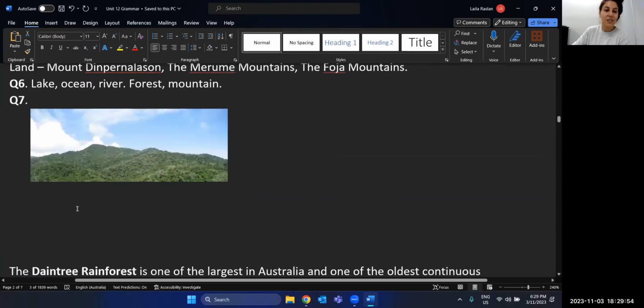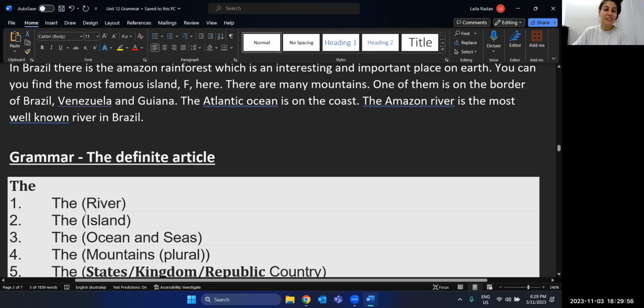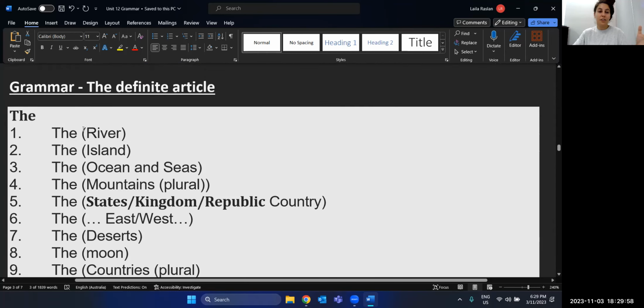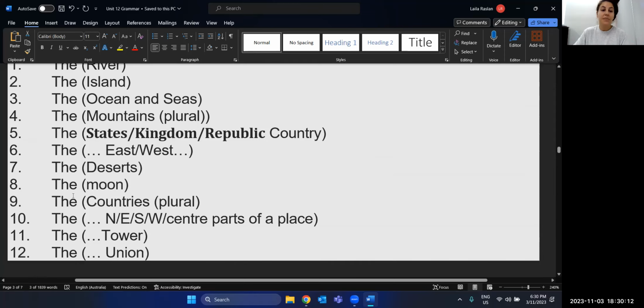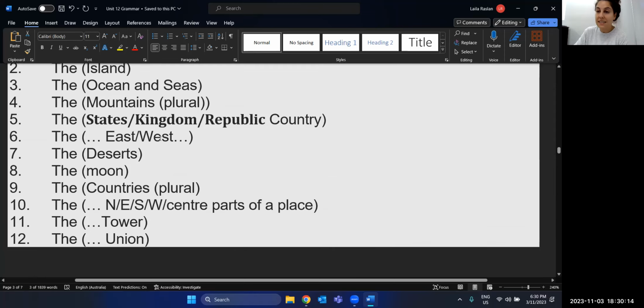Then we looked at using the. Again, lots of rules, so I'm not going to go over it. You should remember this. Names of rivers, islands, oceans, seas, mountains, if it has an S. If the country has the word states, kingdom, or republic, then you need to say the. If it has east or west in the name of the country, then you need to say the. If it's a name of a desert, the moon.